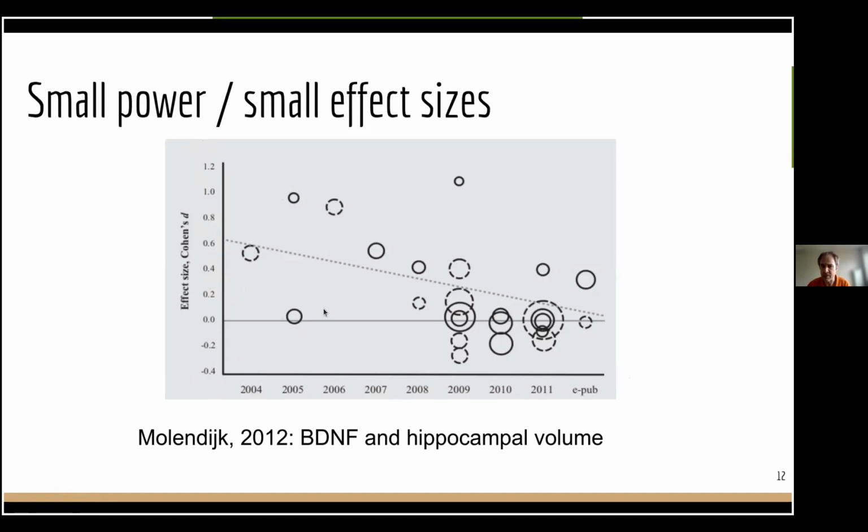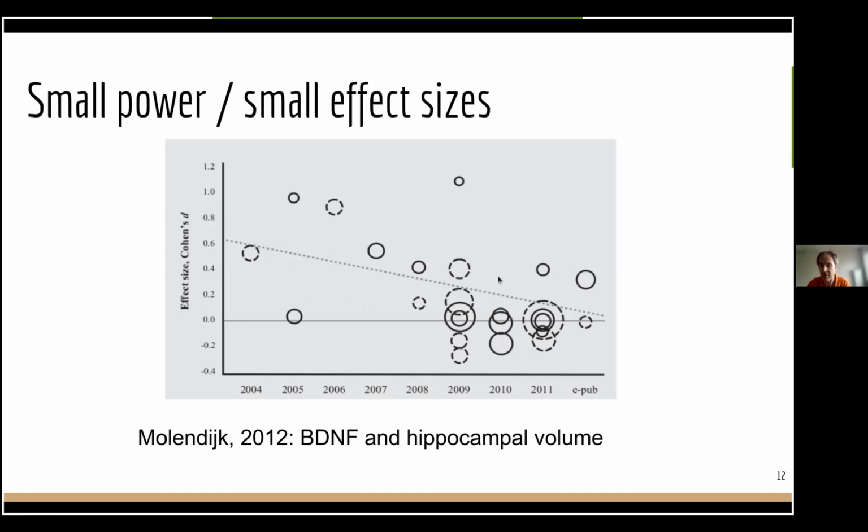and effect sizes that are a bit variable, but often quite high. And then later publications with larger sample sizes, that effect size is going down to a point where it's not clear whether it's going to be non-zero at all.